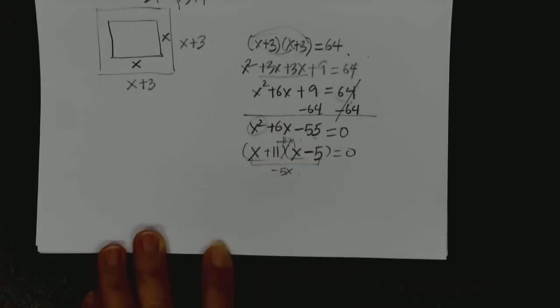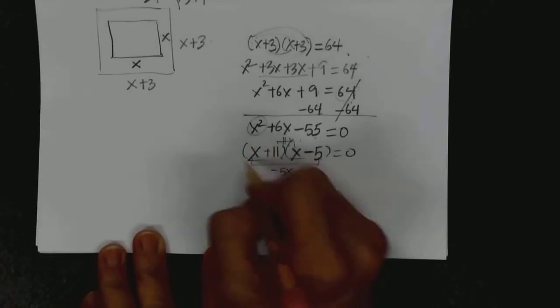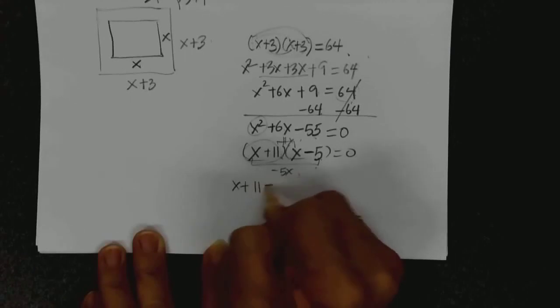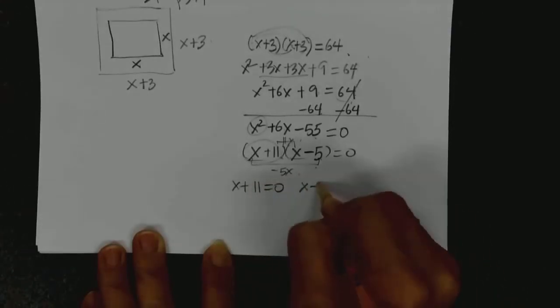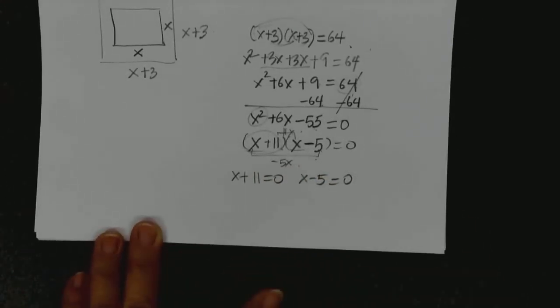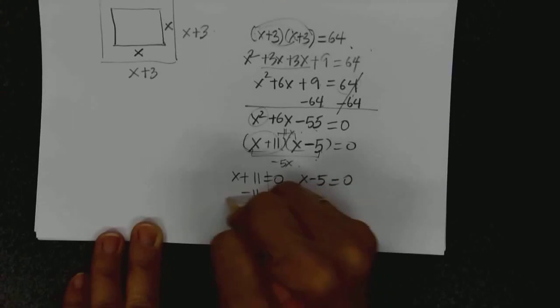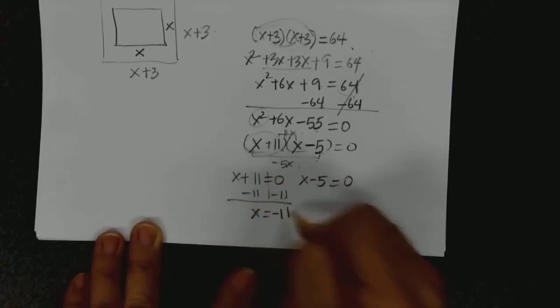Does everybody understand how I got that? Okay, now using the zero product rule, I'm going to set x plus 11 equal to 0 and x minus 5 equal to 0, because we have to solve. For this one I subtract 11, so x is equal to negative 11.